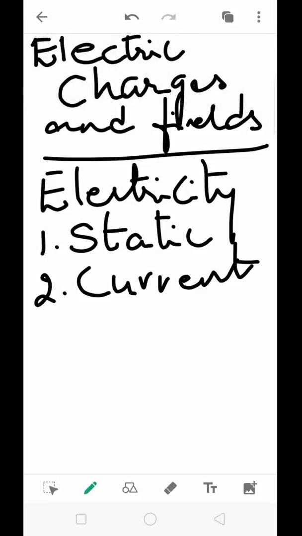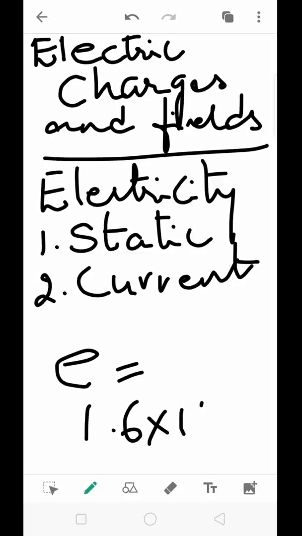That means each and every elementary charged particle, either a proton or an electron, will have equal magnitude of charge, which is equal to 1.6 times 10 power minus 19 coulombs. So, the charge of an electron is 1.6 × 10^-19 coulombs. So, this is about the electric charge.